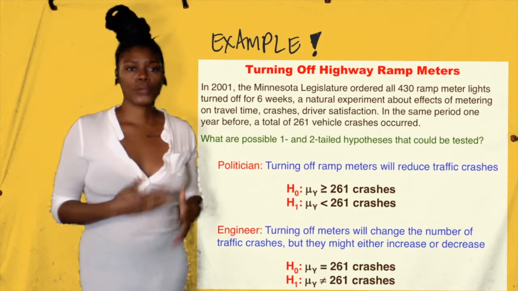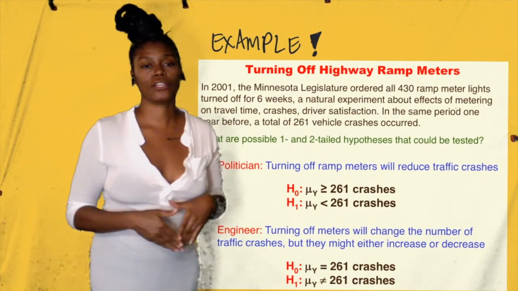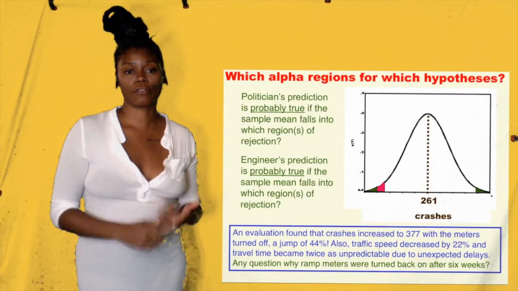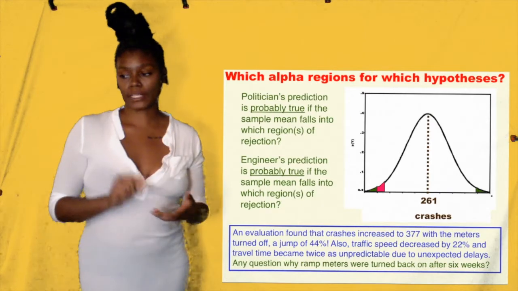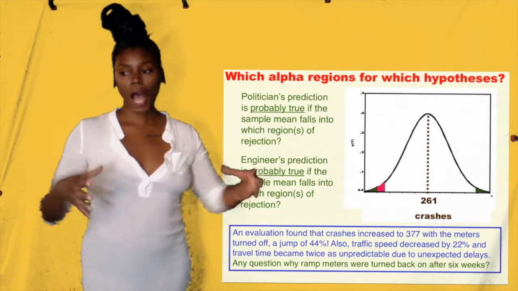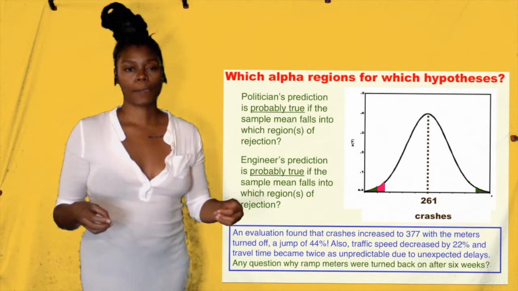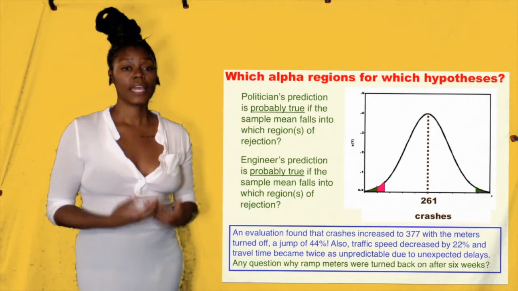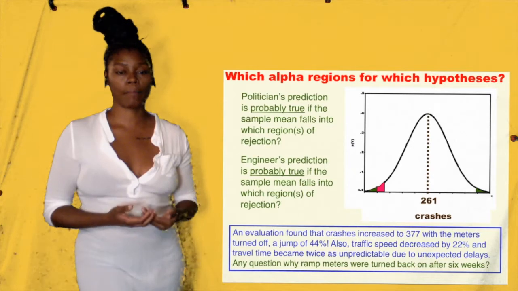Okay. When you're doing hypothesis testing and you are talking about alpha area, again, those values 0.05, 0.01, 0.001, what you're talking about is the size of your confidence in your rejection of the null hypothesis.